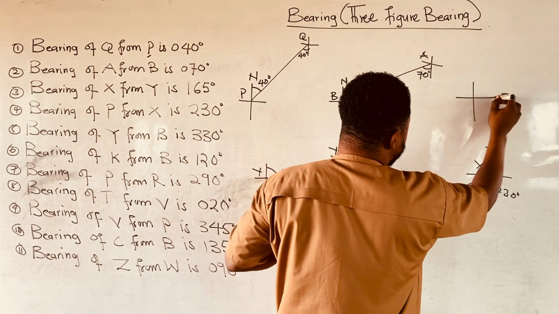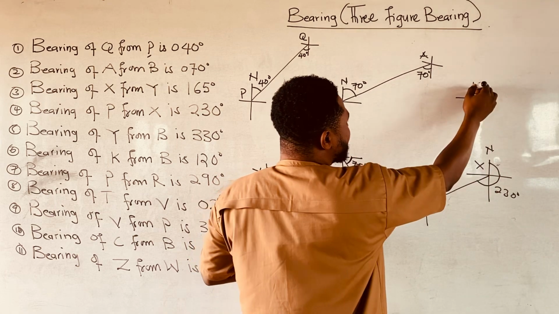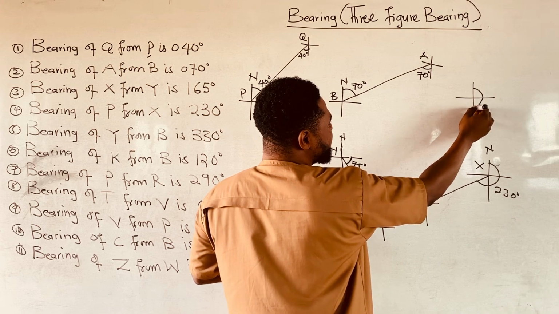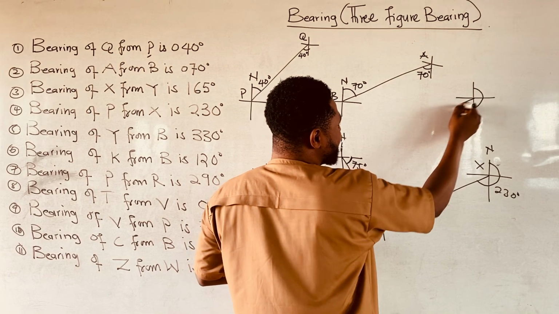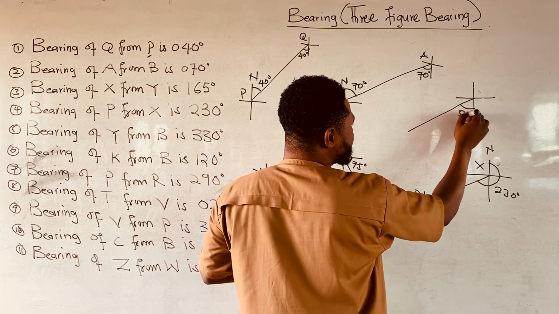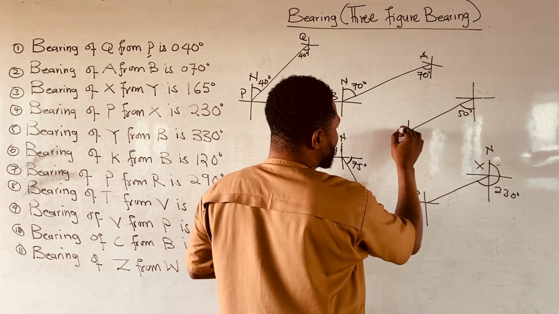Now, this bearing here is the same as this. Having my cardinal point, we know that from here to here is 90, 180. I need to take 50. So I'll take my 50 like this, but I'll take this off and I'll just put 50 degrees here. All right?